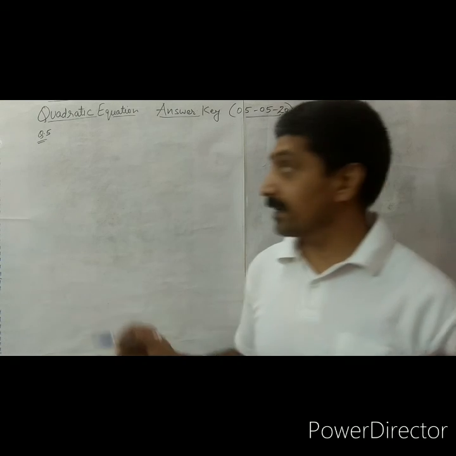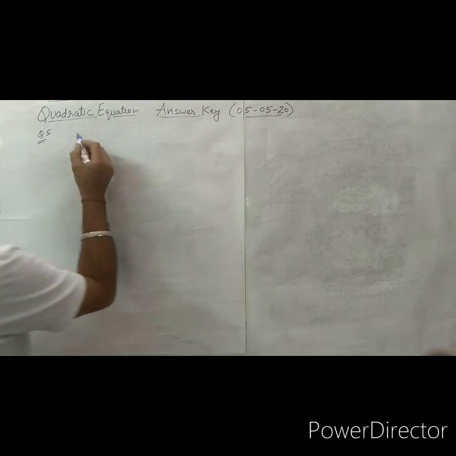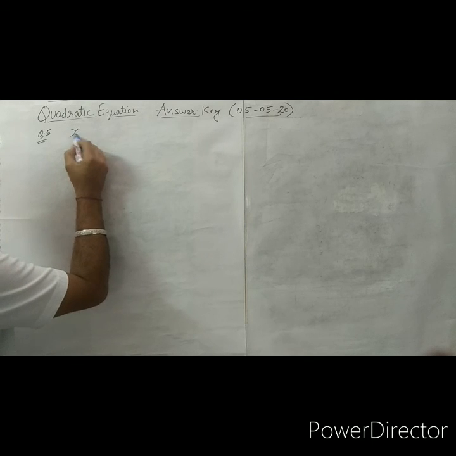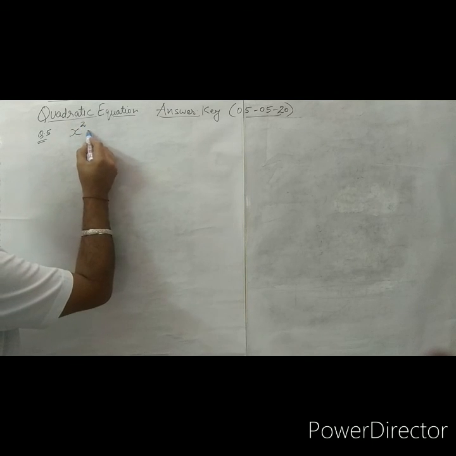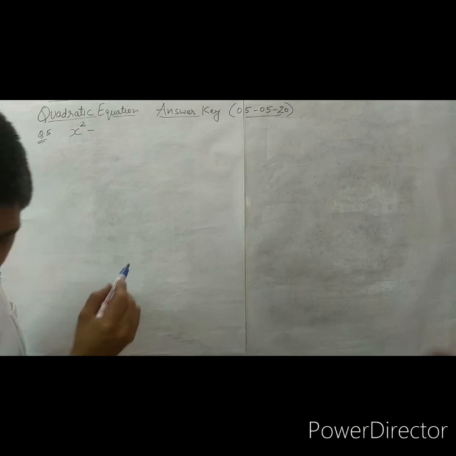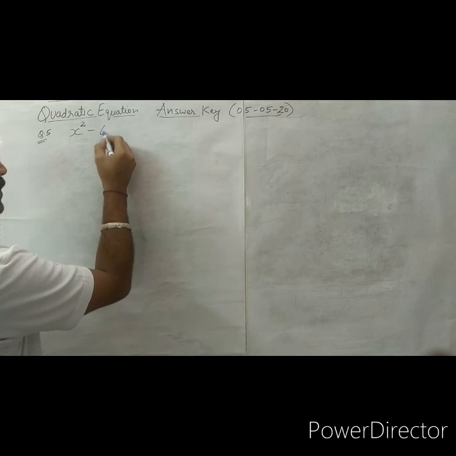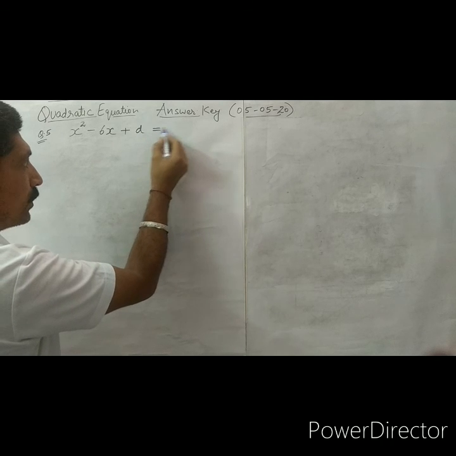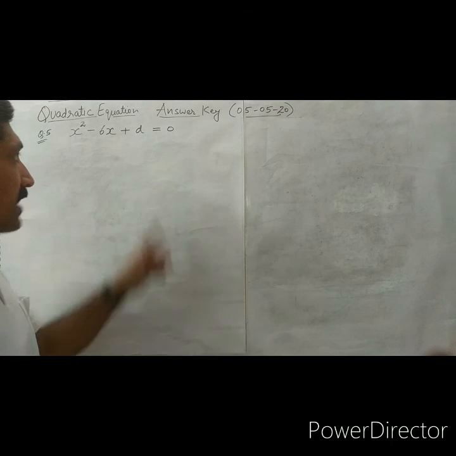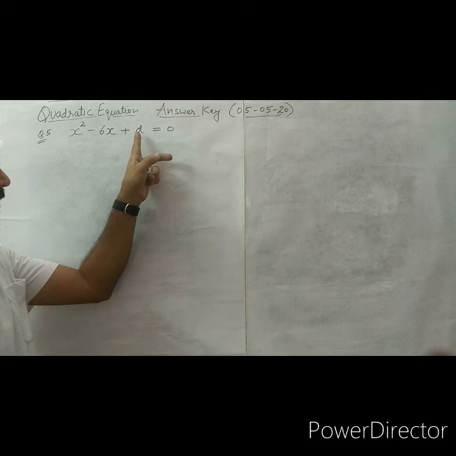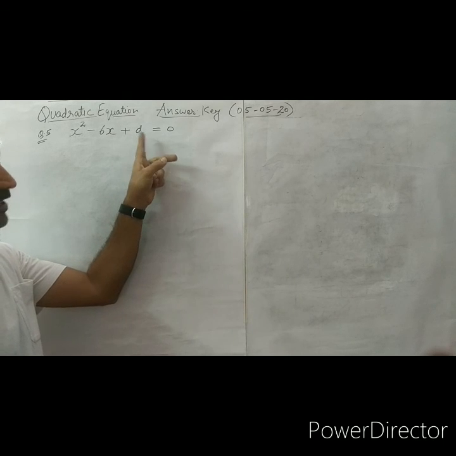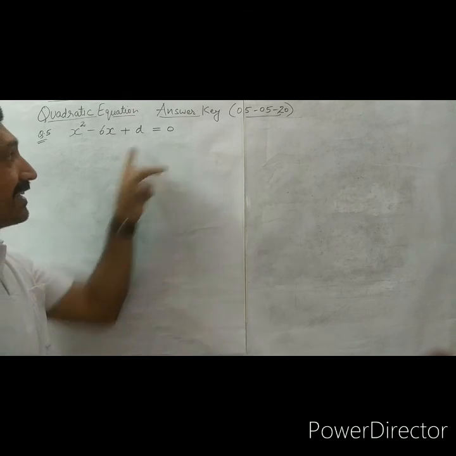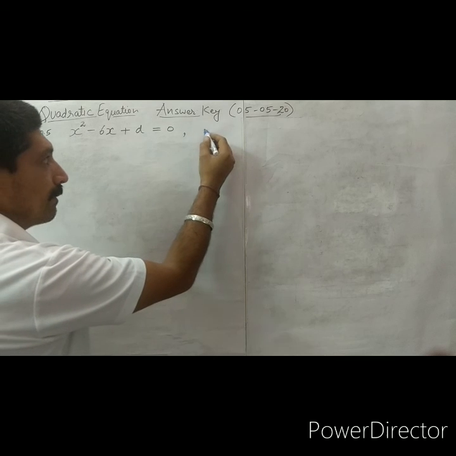Question number 5 is find the solution of the equation x square minus 6x plus d is equal to 0, having the solutions as integers, and d is a prime number.